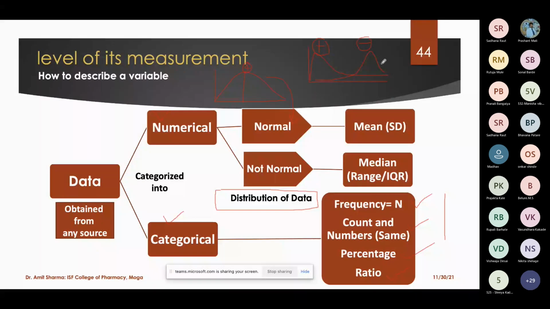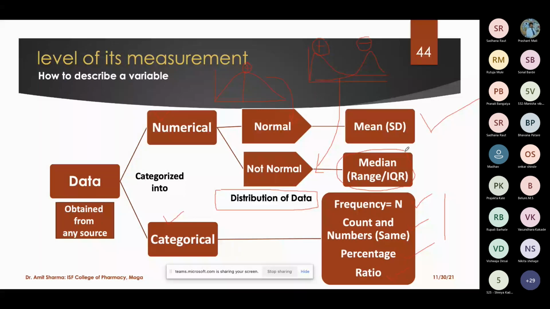So what the rule of stats says is that for normal data, we have to write our results in terms of mean and standard deviation. And whenever our data is not normal and we have got a skewness in our data, we have to represent our result in terms of median and interquartile range. Now, IQR is the counterpart of standard deviation.